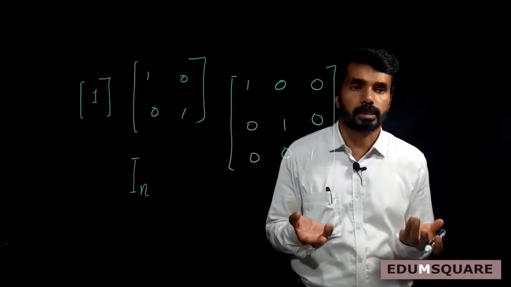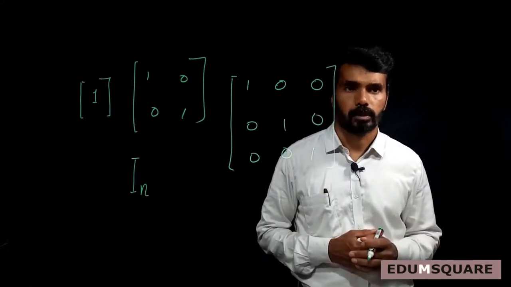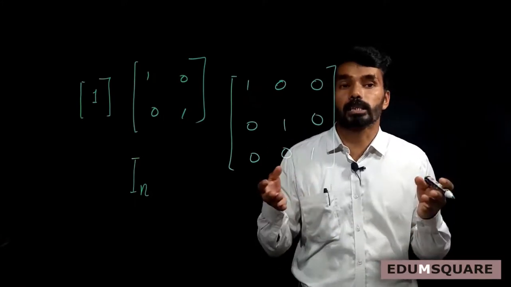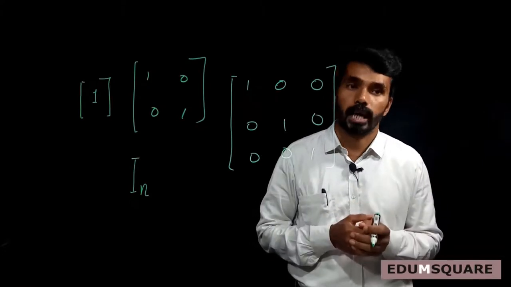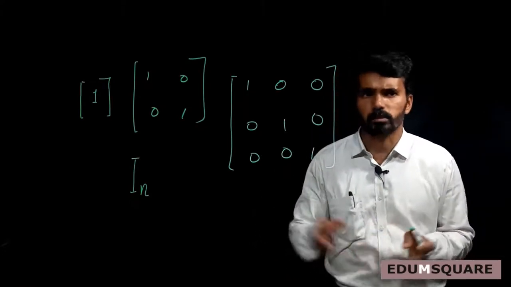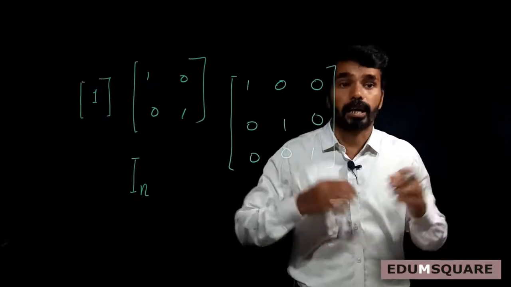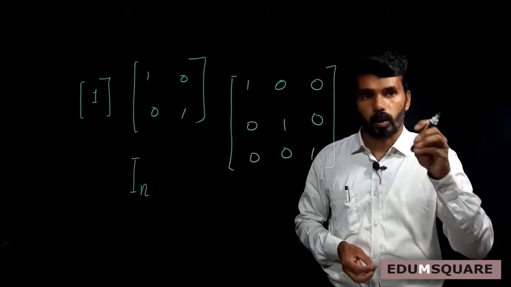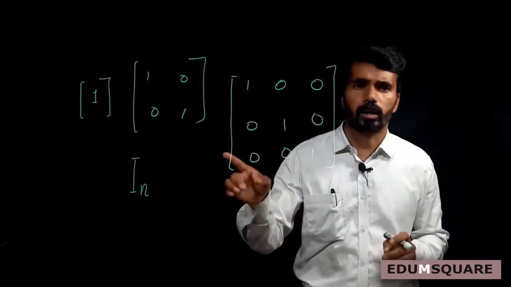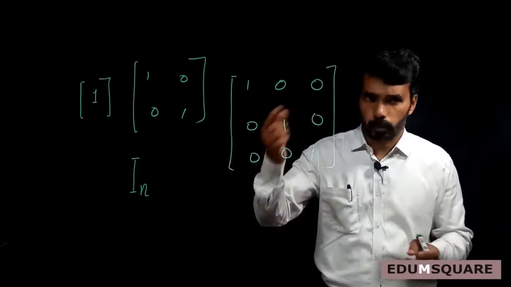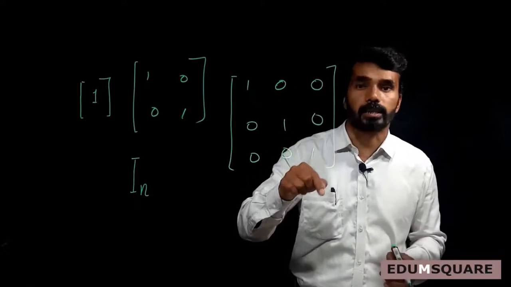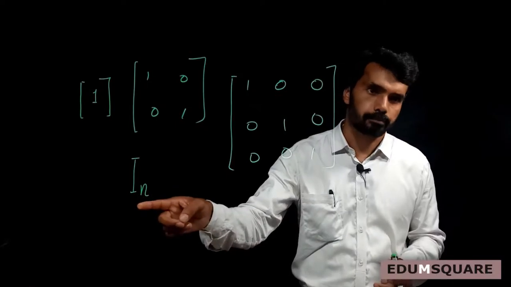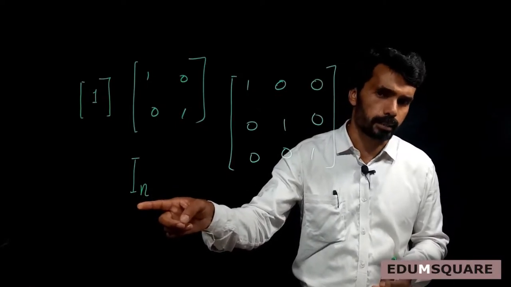A 3 by 3 matrix is of order 3. We used to say a 4 by 4 matrix is a matrix of order 4. Similarly, an n by n matrix is a matrix of order n. So one n we use there. Now an identity matrix of order n is denoted by I_n.